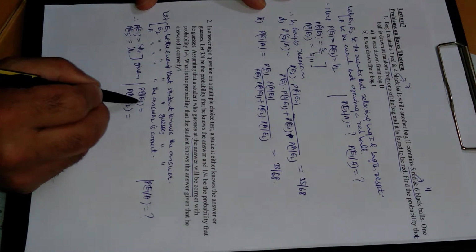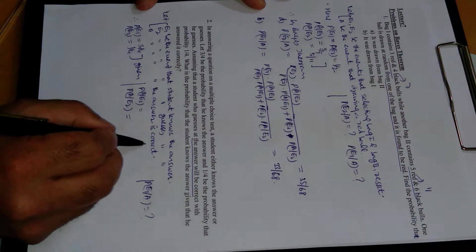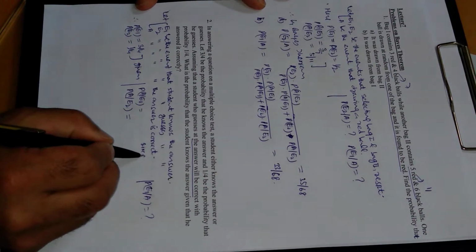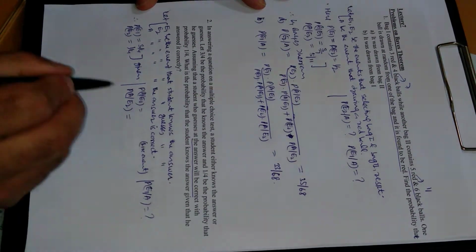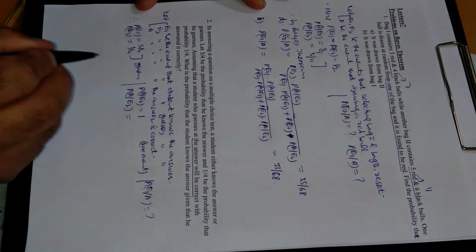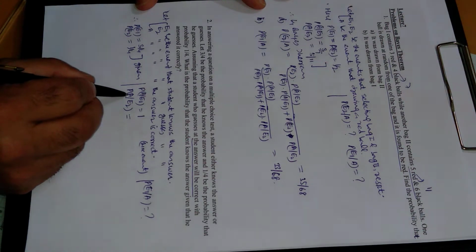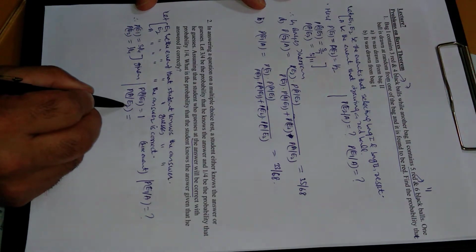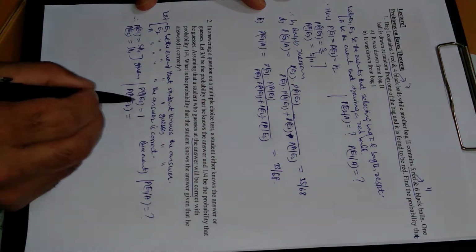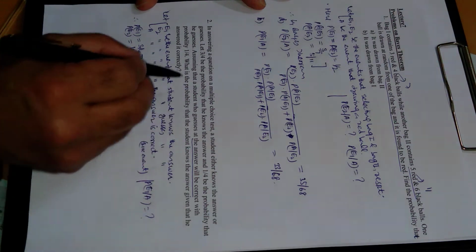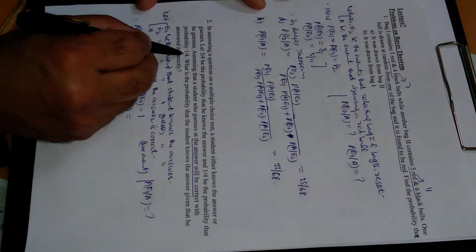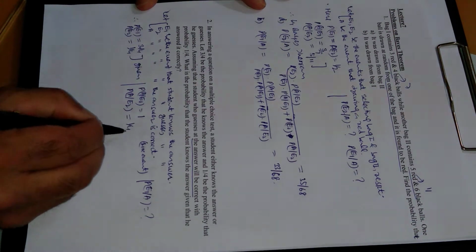E1 means he knows the answer, so this is a sure event, and the probability of a sure event is always 1. The answer is correct and he guesses the answer: the probability for guessing is 1 by 4, and this is given.